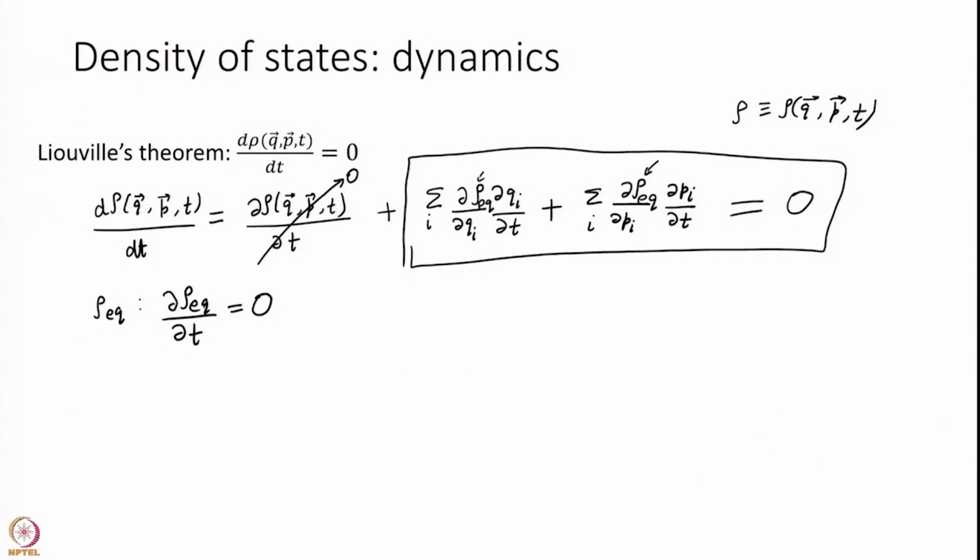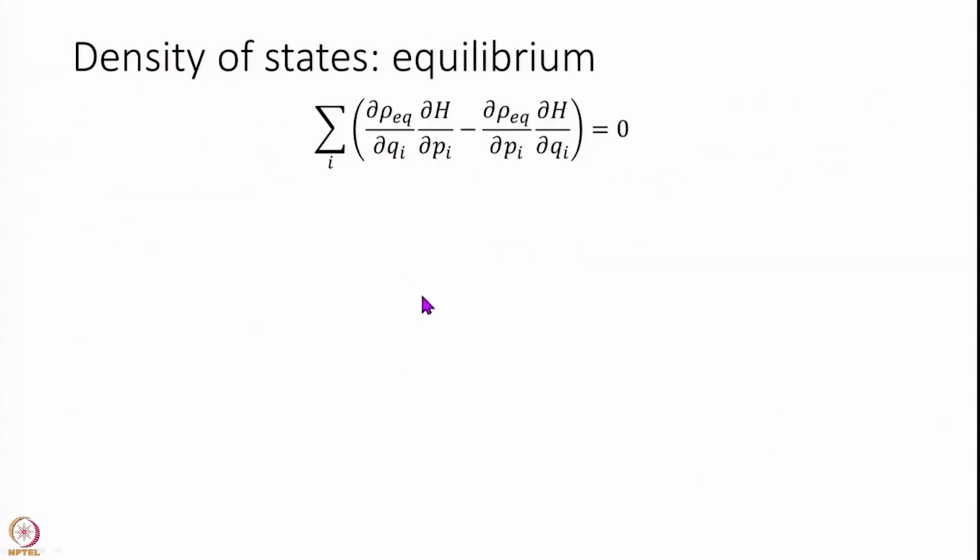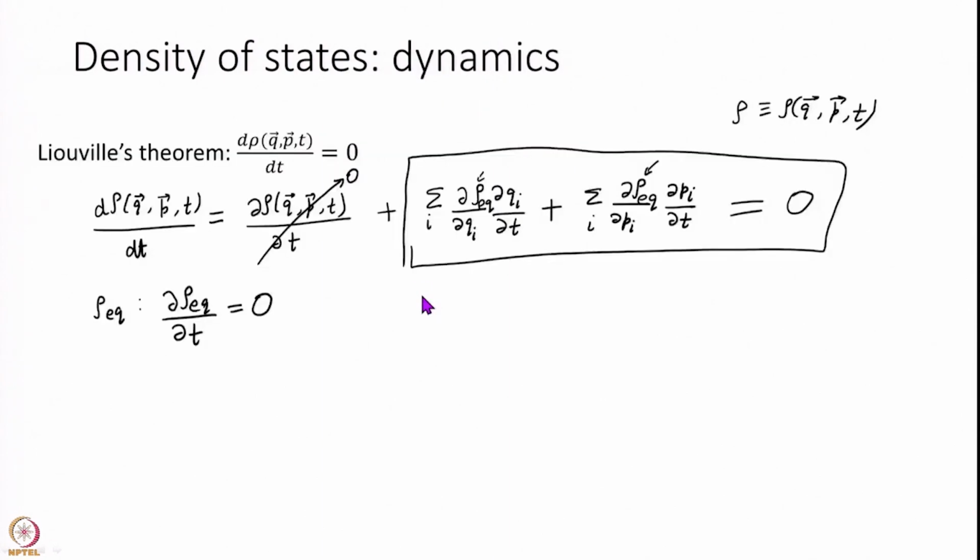Well, what about it? We get an equation. Let us massage this equation a little bit more, and what we get is this differential equation, which will hold true only for equilibrium density matrix.